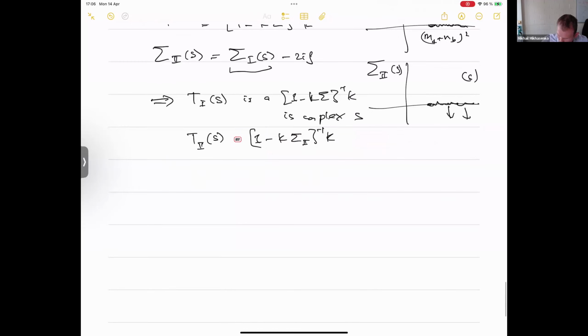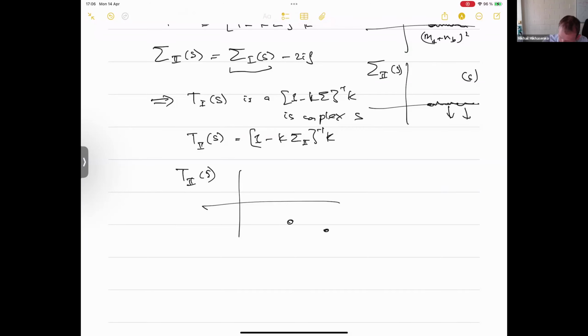The last expression is how to characterize resonances. So T2 of S in the advanced construction is going to have singularities in the complex plane, which are the poles corresponding to the resonances.